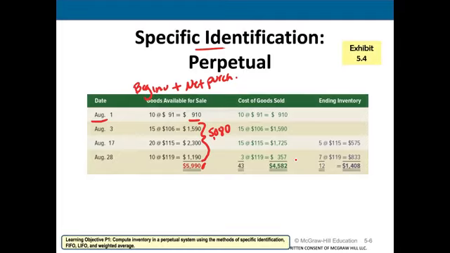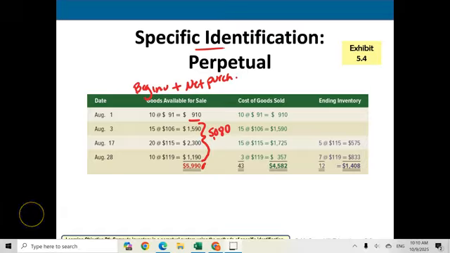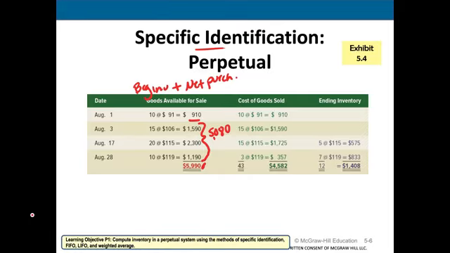We're going to assume that we sold all 10 bikes from August 1st, so we allocate them a $91 cost of goods sold. And we sold all 15 of the specific bikes that we acquired on August 3rd, so we allocate them a $106 cost of goods sold.